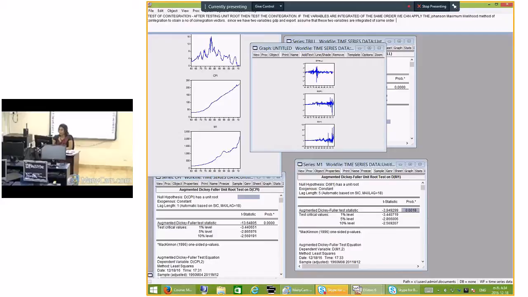Then we can apply the co-integration test.